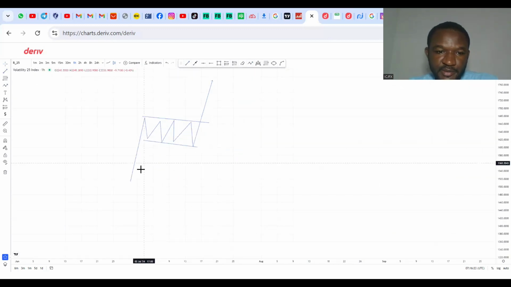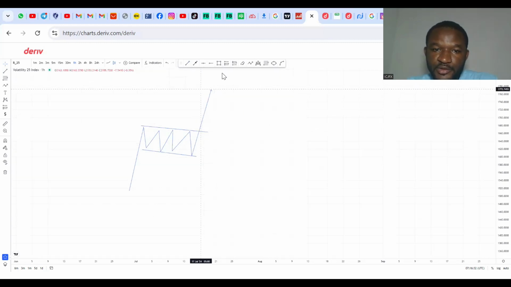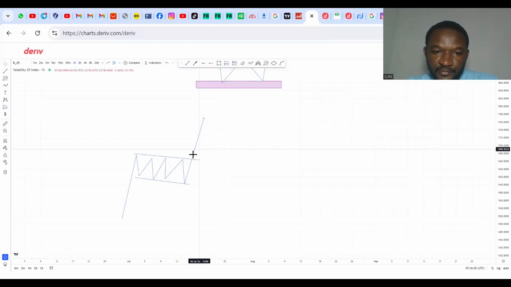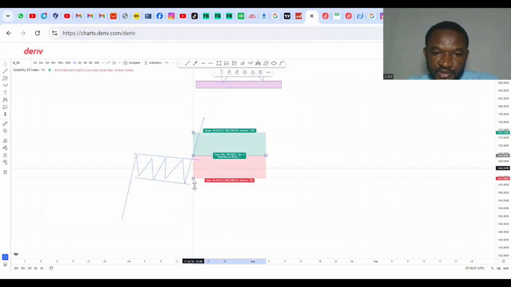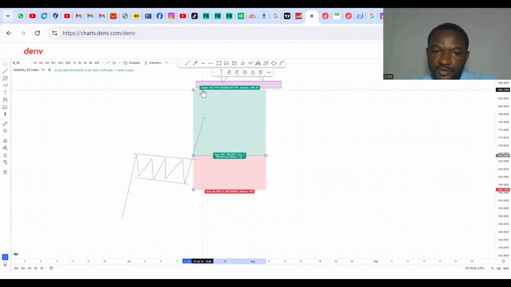The market will come up, then consolidate for some time, and after consolidation, it will break and start going up. So most times people take their trade from here, then measure the stop loss here, and target 1:1 or 1:2 ratio.